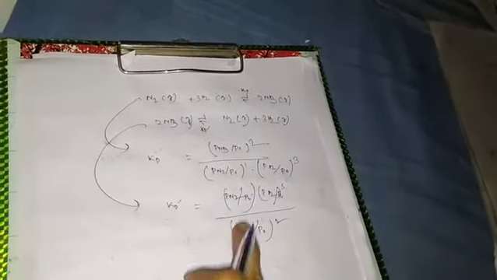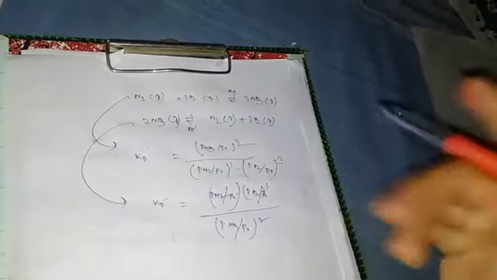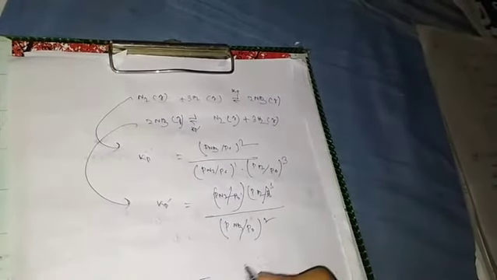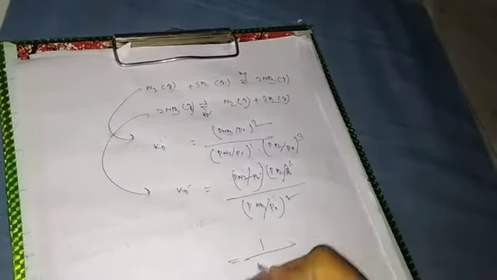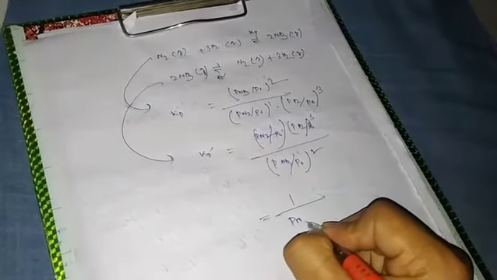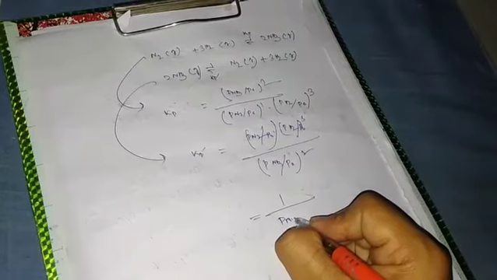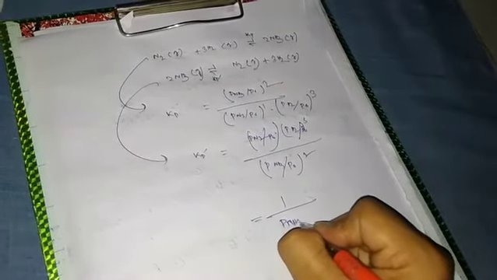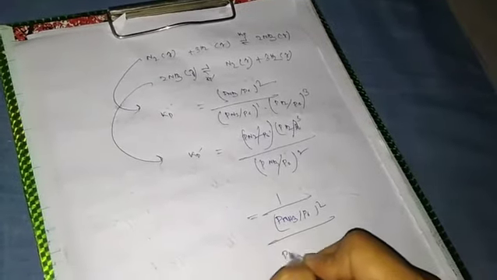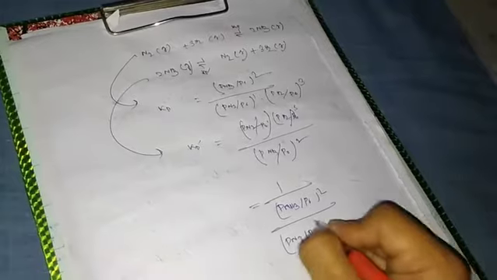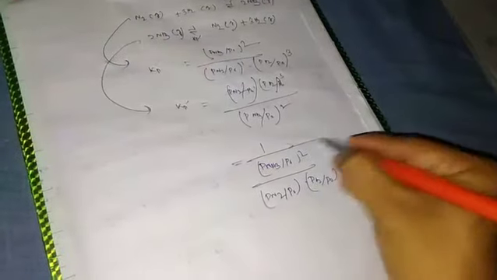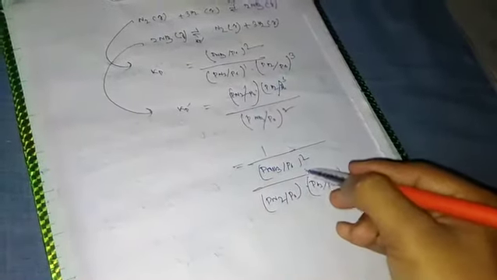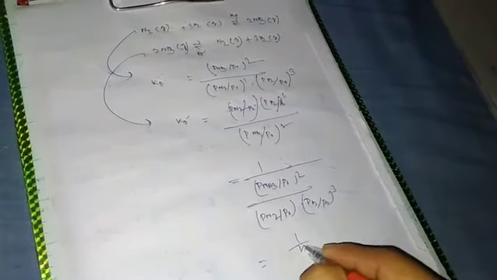Now you see that if we divide it, 1 divided by P of NH3 divided by P0, and this is Kp.